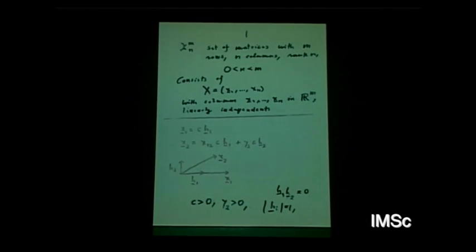So this consists of matrices capital X with columns x1 through xn, which lie in R^m and are linearly independent. Well, when we say we're counting matrices, that looks easy enough, right? There are m times n entries, and it should be easy to count. However, we make our life a little bit more difficult.